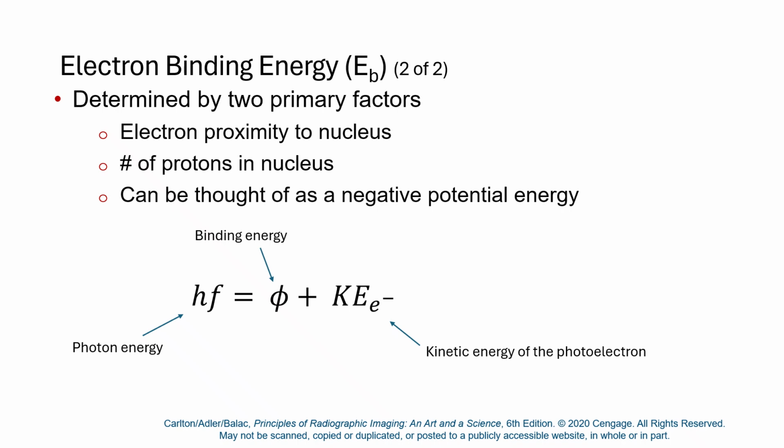Okay? And so this binding energy, expressed in electron volts, we can see in this equation. And those of you who have seen my electromagnetic wave lecture have already seen this equation. This is the photoelectric effect. And so Einstein utilized Bohr's concept of a binding energy in his explanation of the photoelectric effect.